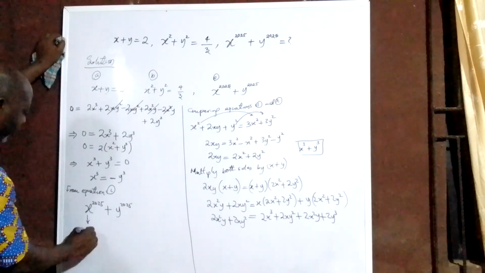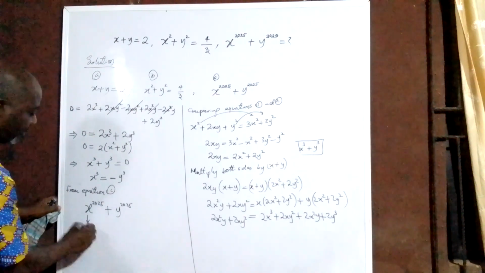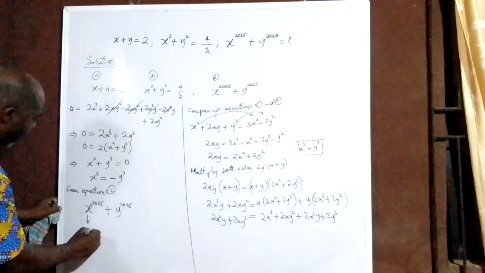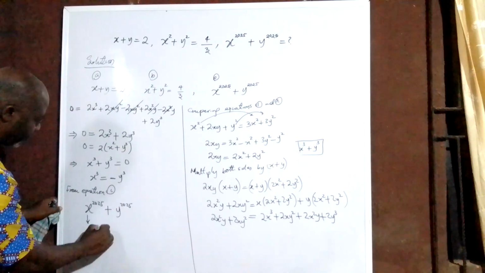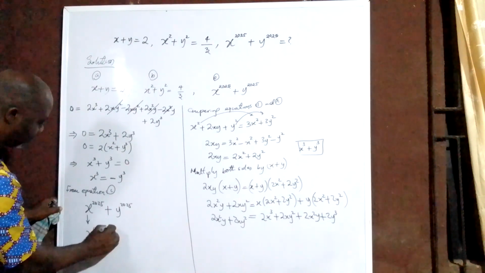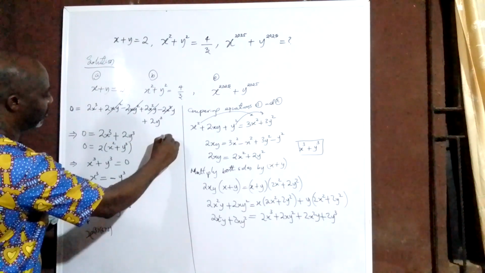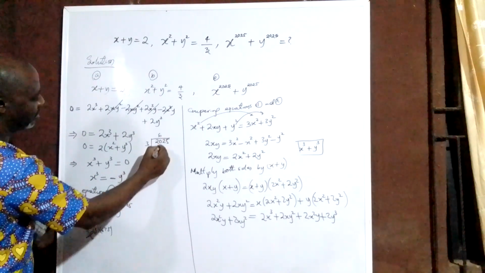This 2025 can be written as 3 times 675, if I divide 2025 by 3.